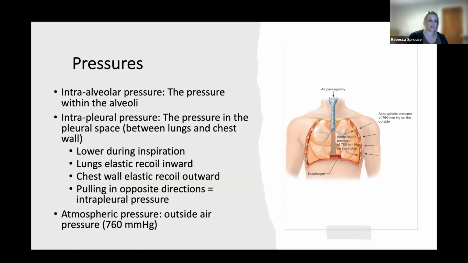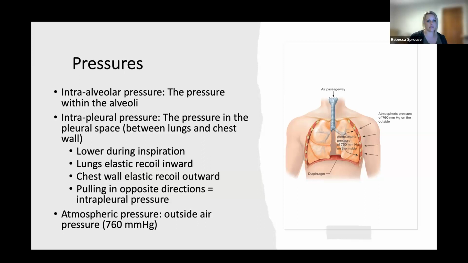It is lower during inspiration, but that number always needs to be slightly negative compared to the outside air. The reason is that your lungs need to be able to expand during inspiration. If that pressure wasn't negative, or if it was too negative, your lungs would always be overinflated.